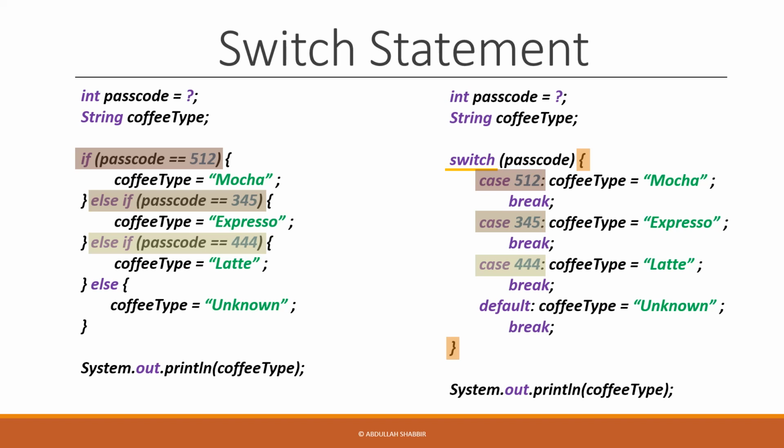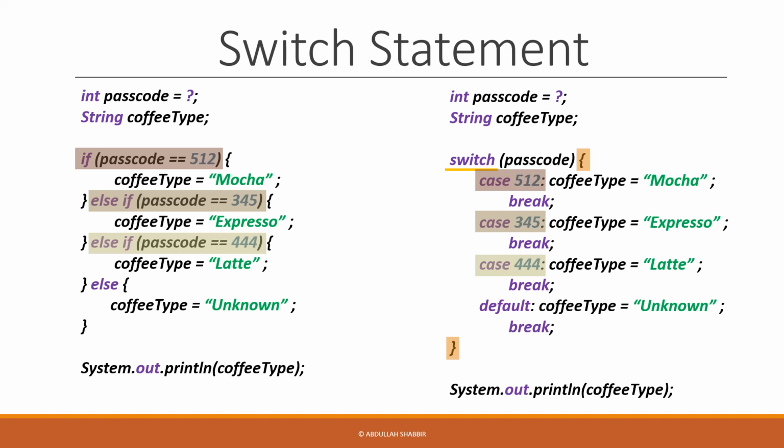If it is, we set our coffeeType to be espresso. If it is not, we move on to our next case just like we move on to our next else if. So these three case checks are for our three known passcode values, and if our passcode matches any one of these values, we'll enter the corresponding case code and set our coffeeType to the correct coffee value.